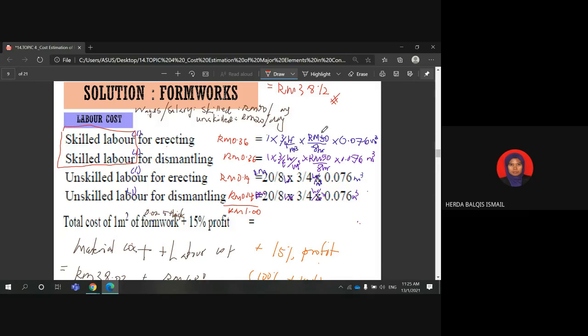The salary is 50 ringgit over 8 hours, and the volume of timber to be erected is 0.076 cubic meter.